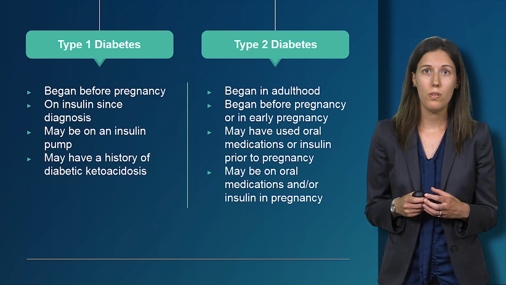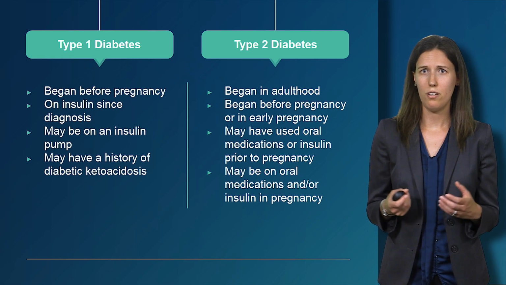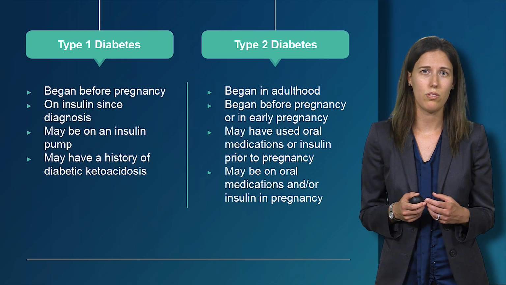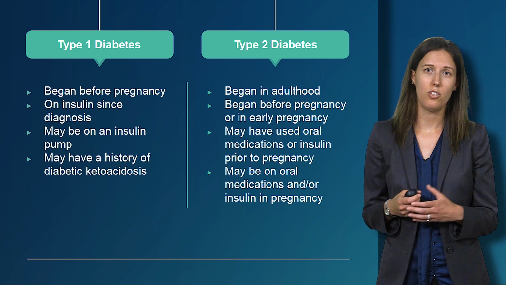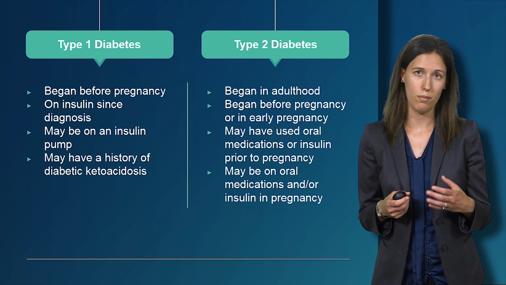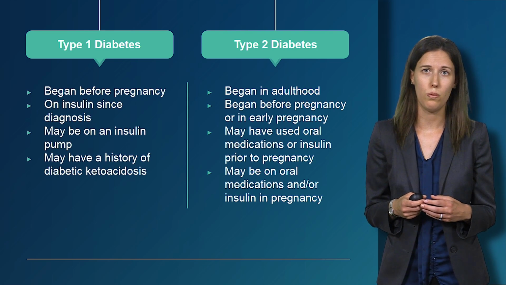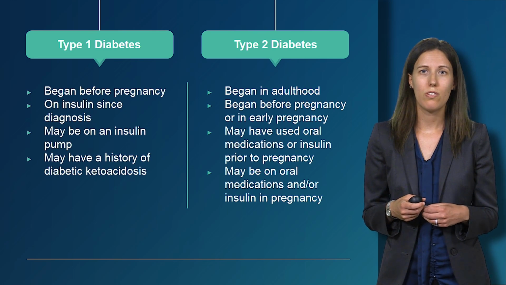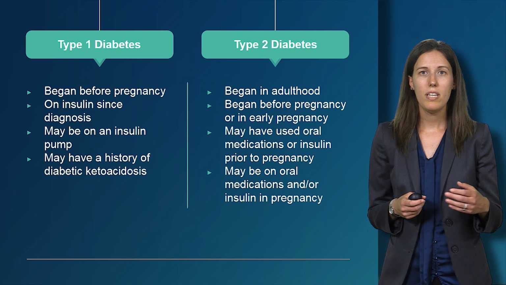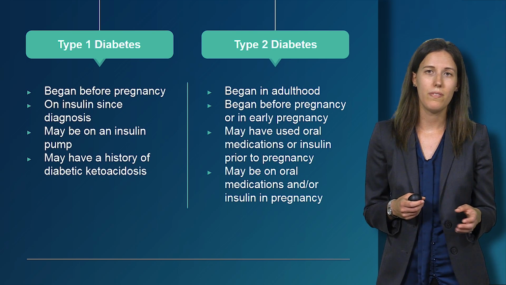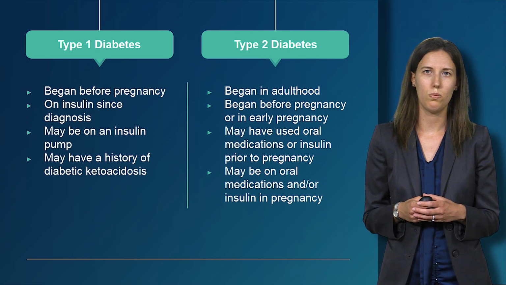In terms of type 2 diabetes, most often it's diagnosed in adulthood or can be diagnosed earlier. Most often began before pregnancy, or as I mentioned before, is sometimes diagnosed early in pregnancy before gestational age 20 weeks. They may have been on oral medications and or insulin prior to their pregnancy, and they may be on oral medications such as metformin and or insulin in their pregnancy as well.